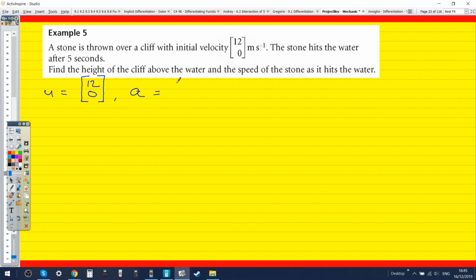I believe it will be 0, minus 9.8. And t is 5.